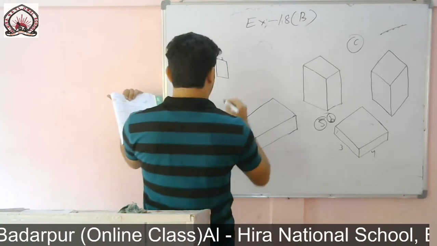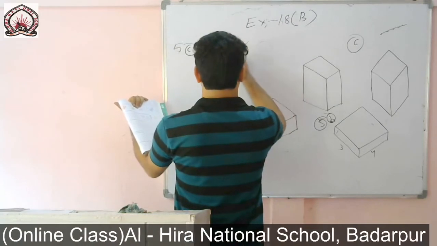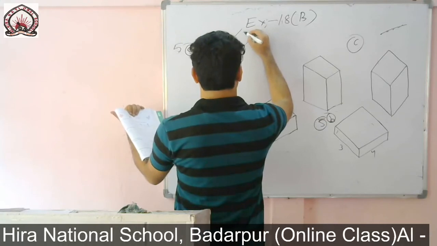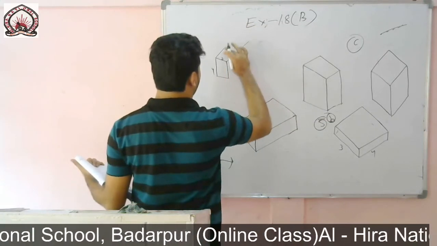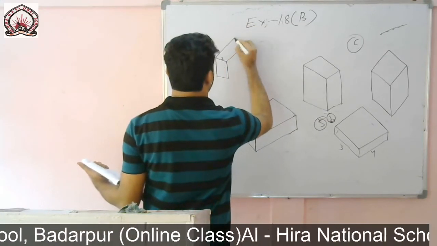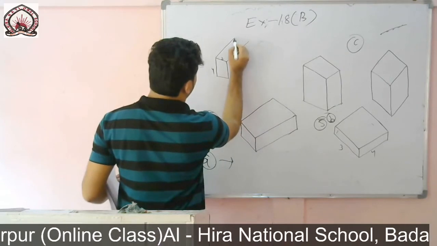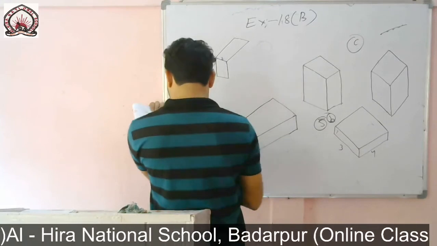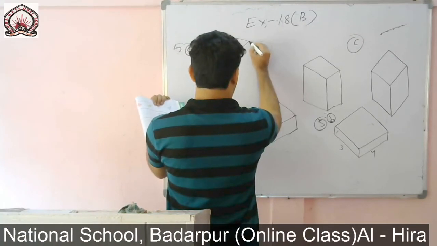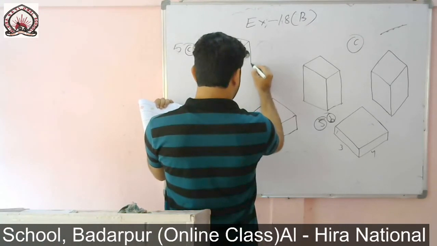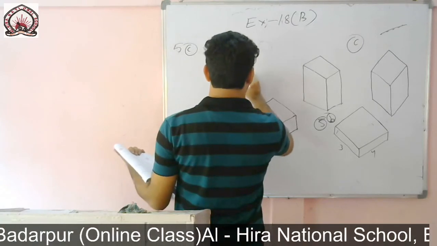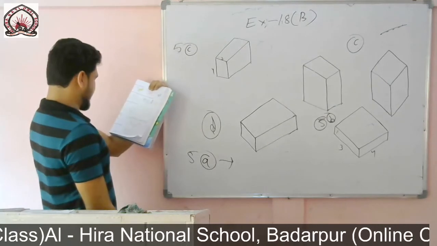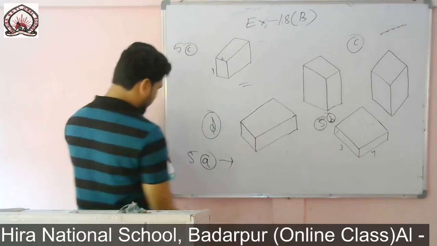After that, draw this shape. 2 units and 4 units, that will be 5C.